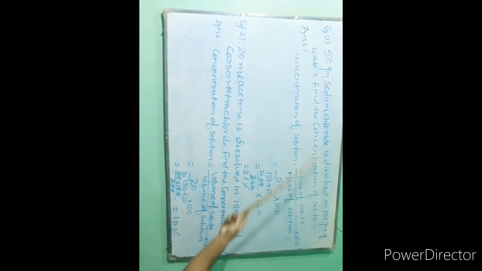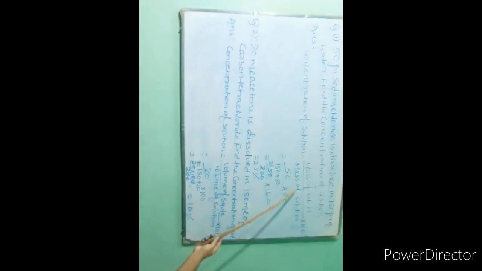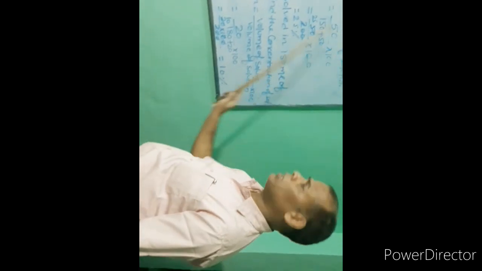Here 150 gram of water is the mass of solvent, but in the formula there is mass of solution, and solution equals mass of solute plus mass of solvent. So 150 plus 50. So 50 by 200 into 100, after solving, it comes to 25%. So it means the concentration of this solution is 25%.